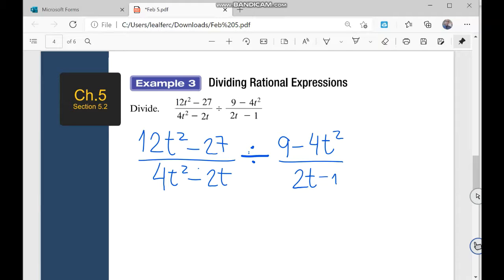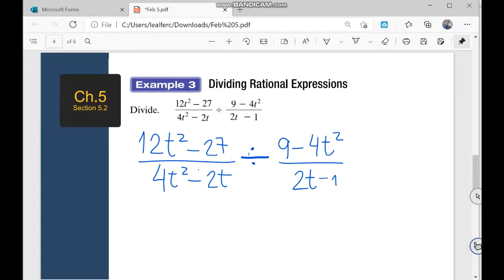Divide and then simplify. Yes, Jacob. Yes. But before we divide, the first step to find the division, the result before I simplify, there's the first step I show here.